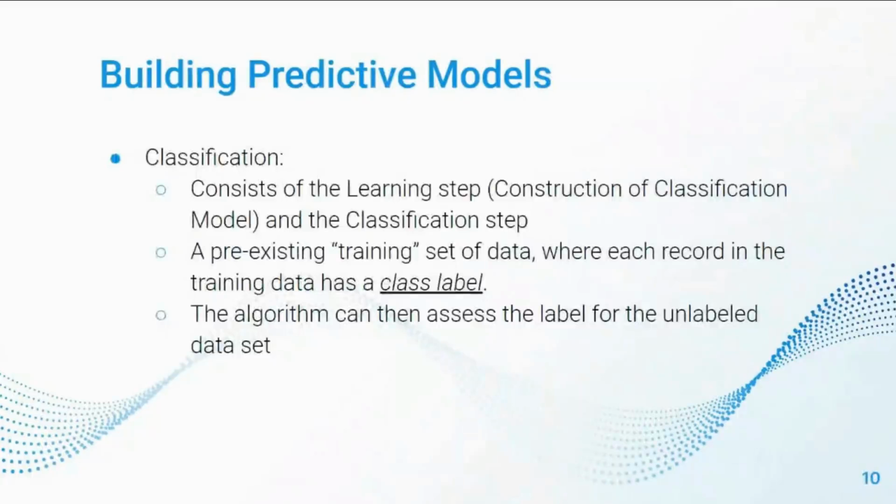So it consists of a learning step, constructing the classification model, and the classification step. So basically, you need to figure out what you want out of your data set. And a good example of this is figuring out whether someone has a risk of developing cancer or not.